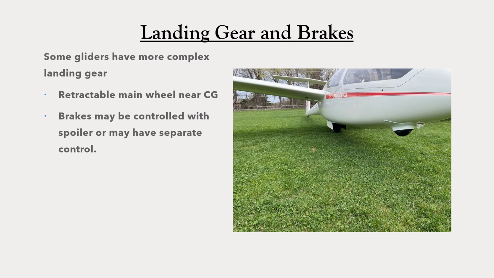Sometimes it's another lever. In the Grobs, the brake control and the spoiler control are integrated with each other so that the first bit of movement of that control deploys the spoilers, and then after the spoilers are completely deployed, additional movement of the control applies the brake.